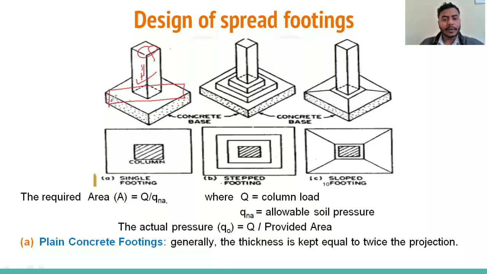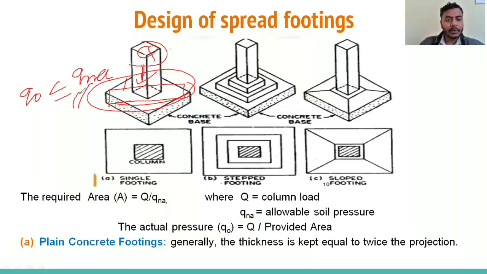Why do we need to provide footing? We have to distribute all this load over a larger area, so that whatever pressure develops at the base, we have to keep less than or equal to QNA, where QNA is the soil allowable pressure.